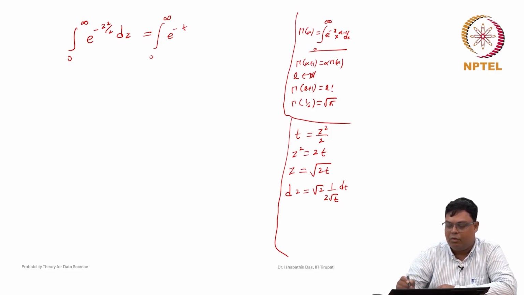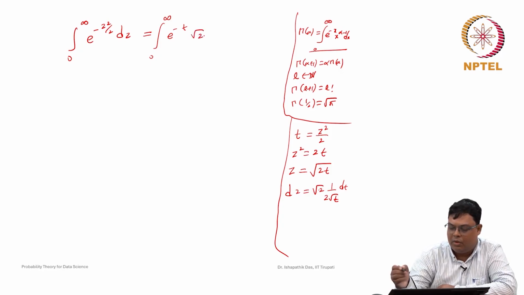So root 2 by 2, then 1 by root t to the power 1 by 2, then root 2 and then dt. This is the thing.